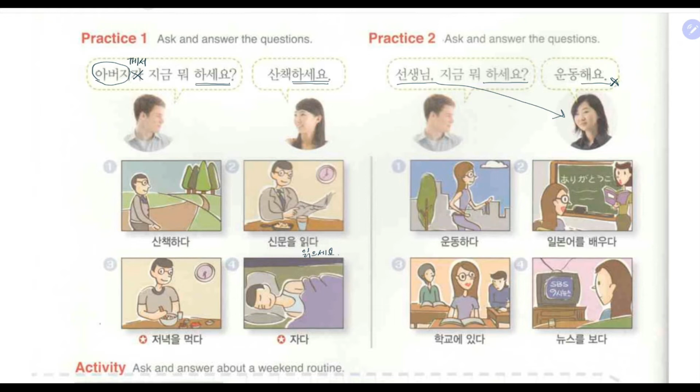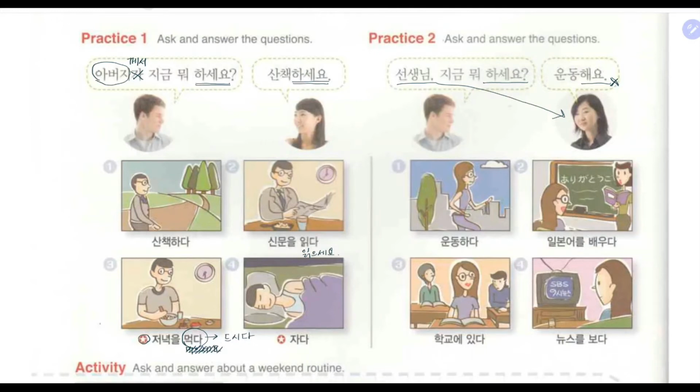Done? If I ask, 아버지께서 지금 뭐 하세요? Number 3, 어떻게 말해요? If you say, 저녁을 먹으세요. 자, this is only 50% correct, isn't it? Because as you can see here, asterisk means irregular. 자, 먹다 honorific form 뭡니까? 먹으세요 아니에요.